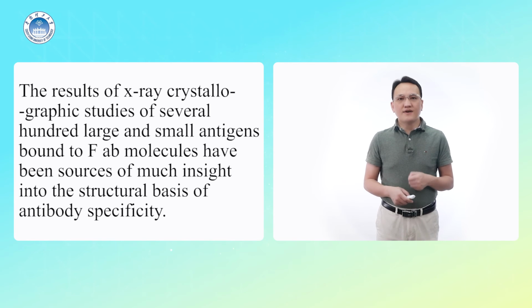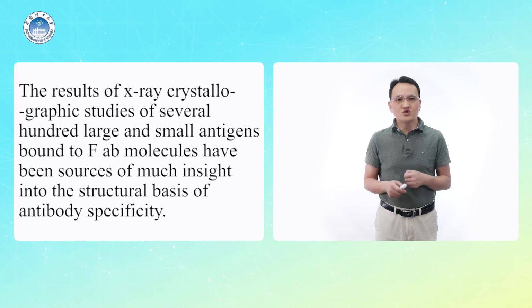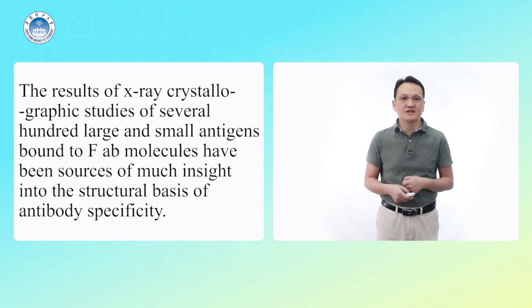The results of X-ray crystallographic studies of several hundred large and small antigens bound to Fab molecules have been a source of much insight into the structural basis of antibody specificity.